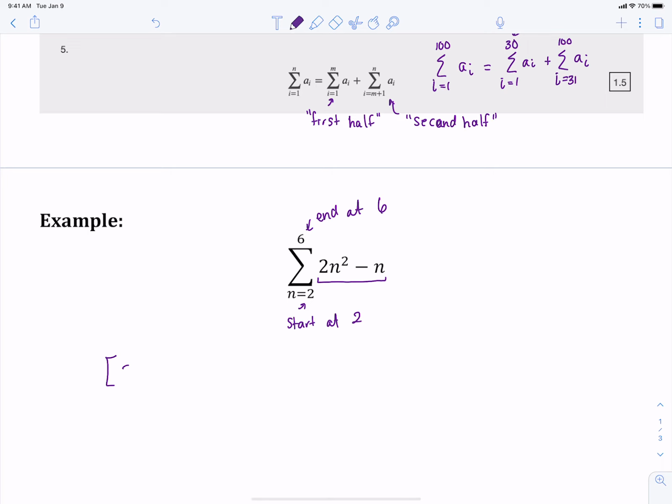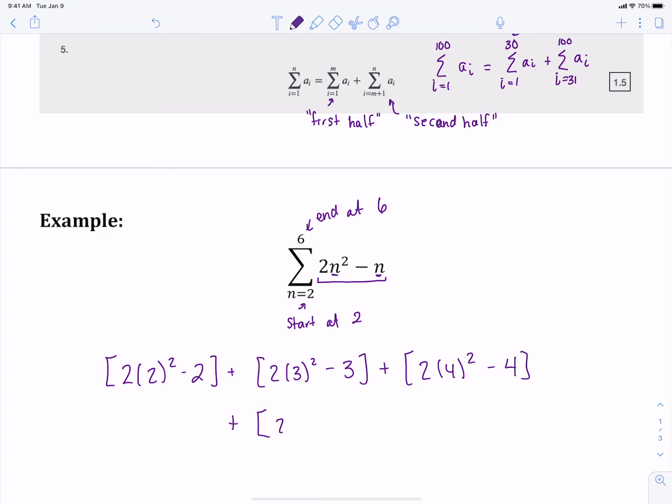And really, all we need to do is plug in 2 and then plug in 3. Got to be really careful, especially when you've got that variable in there twice. Plug in 4, and then I wrote too big. Plug in 5, and plug in 6. And then see what our sum is.